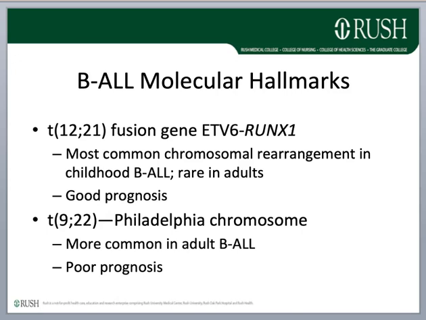Another molecular hallmark, which is more characteristic of myeloproliferative neoplasm, especially chronic myeloid leukemia, which I'll talk about in another presentation, is the t(9;22) translocation, which is the Philadelphia chromosome. This is a much more common molecular change in adult B-ALL, and it confers a poor prognosis.